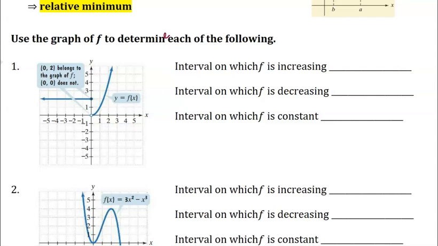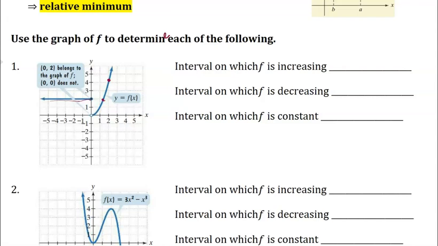So when I look at this function, I can see the arrow goes to negative infinity, but it's a constant function because it is a horizontal line. It is neither increasing nor decreasing. And then from 0 to the right, any point to the right is higher than a point to the left, so the function is increasing.